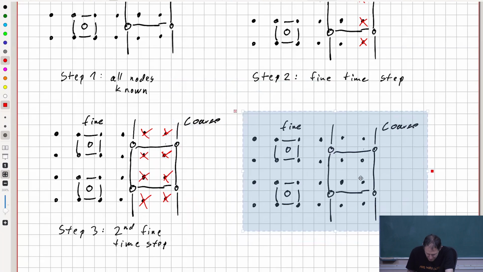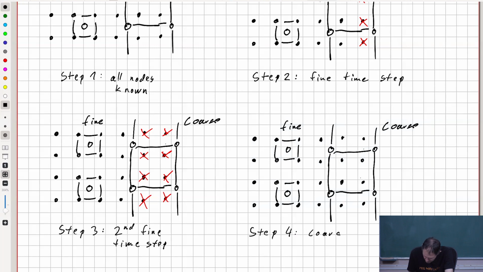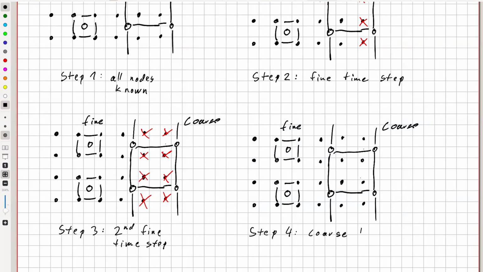And we'll follow this up by one coarse time step. So this is now step 4. Here we do a coarse time step. So one coarse time step per 2 fine time steps, meaning collision and streaming, right?